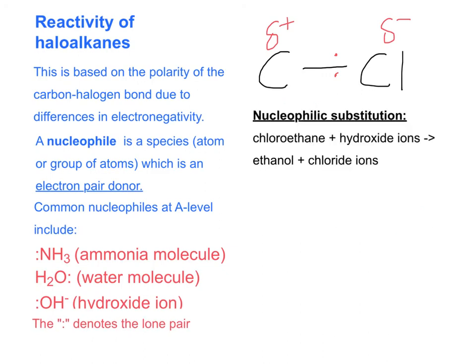So let's look at this particular reaction. If we have chloroethane drawn in its fully displayed form like this, and what we've got to do is draw in the dipole, and when we draw our nucleophile, which is going to be the hydroxide ion this time, we draw it like this with our lone pair of electrons, put the negative charge preferably next to the oxygen because that's where the negative charge is based.